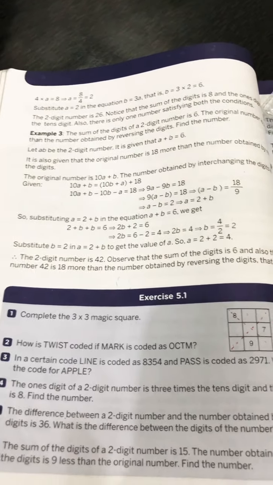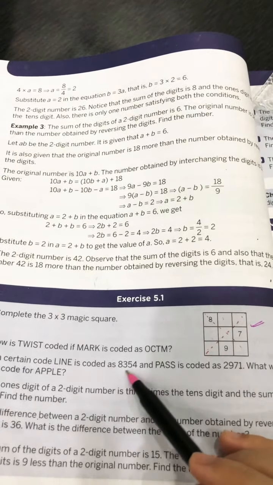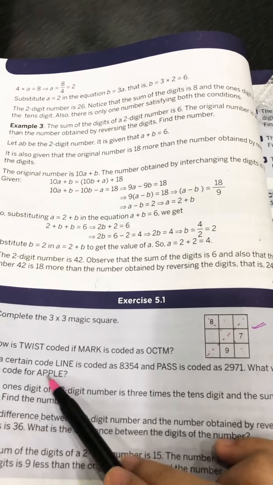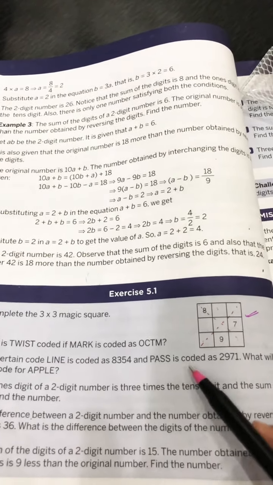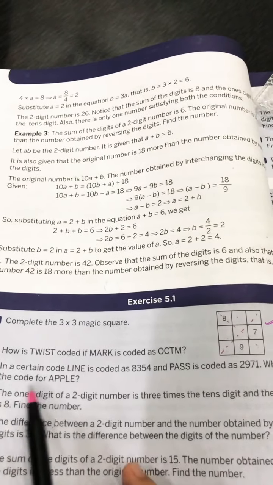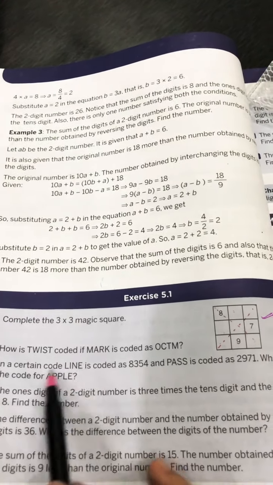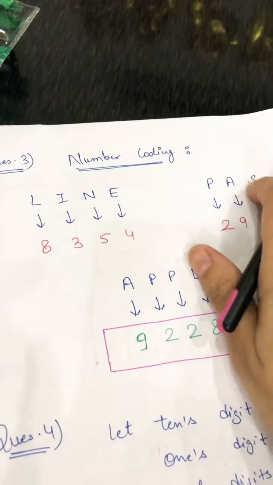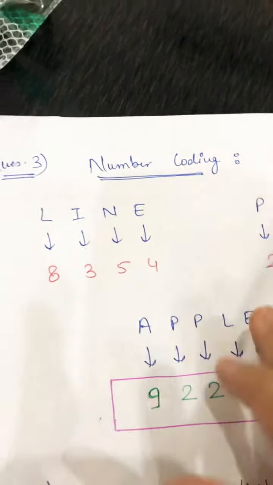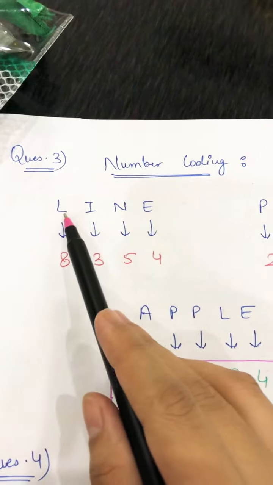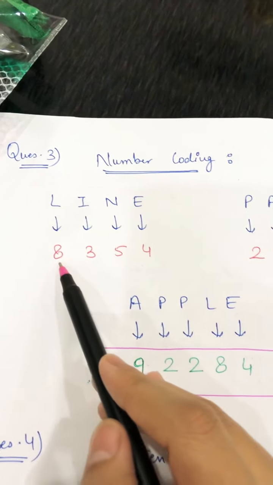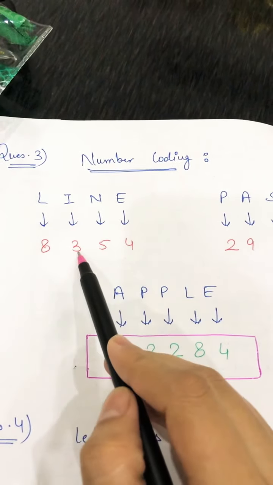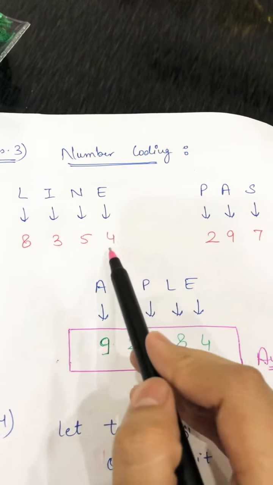Now this question is based upon number coding. To this word they have given a number, to this word they have given a number. Now you have to find out what number should be there for this word. Okay, now let's start. Line, L-I-N-E, is coded as follows: to L they have assigned the number 8, I is 3, N is 5, E is 4.